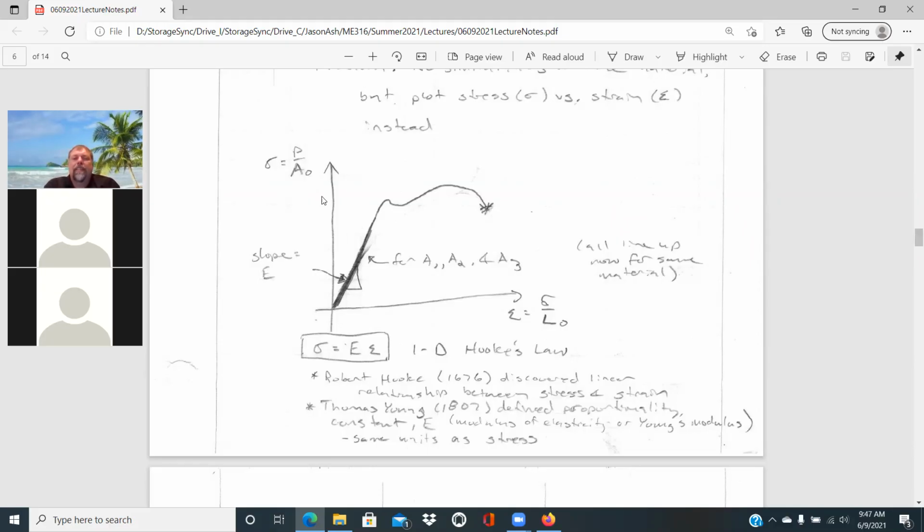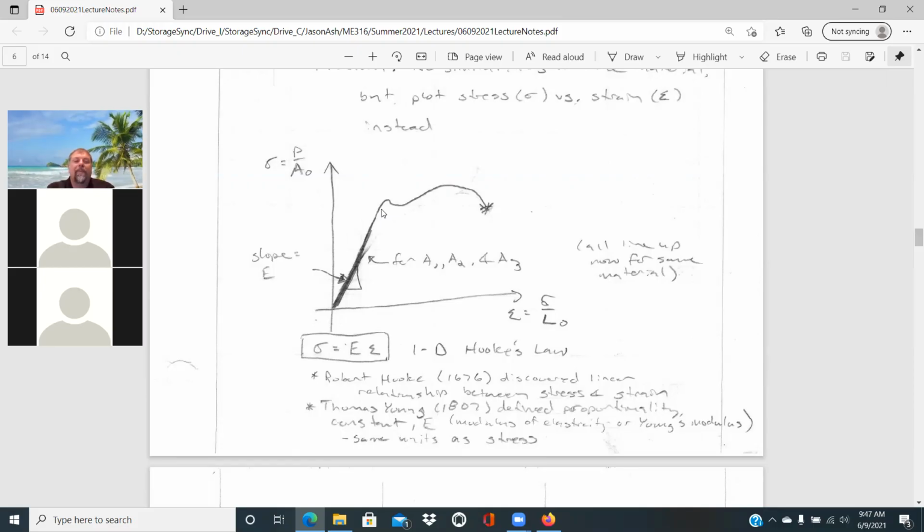Since these are related back to the original length, what happens is necking occurs. As you're pulling in tension, you have a gradual decrease in the cross-sectional area, but eventually there'll be a location of weakness where it really starts to decrease in cross-sectional area until it eventually fails.